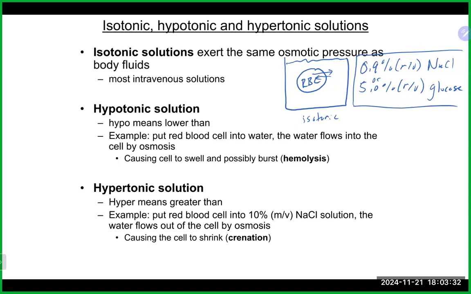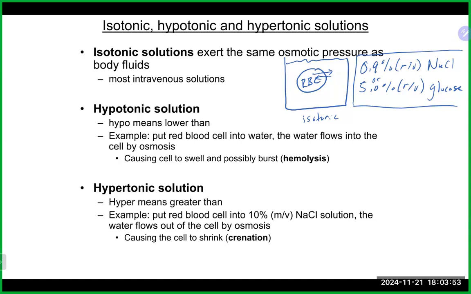One of those is a hypotonic solution. Hypo means less than. So if you have a solution that is less than 0.9% sodium chloride or less than 5% glucose, you have a hypotonic solution. What that means is outside of the cell is actually less concentrated than inside the cell.